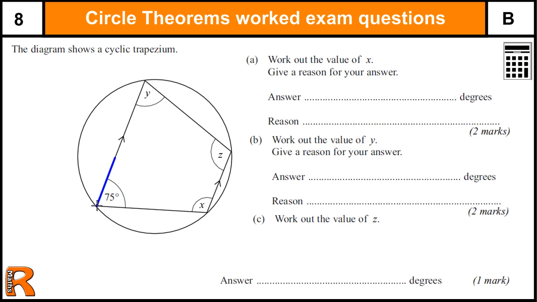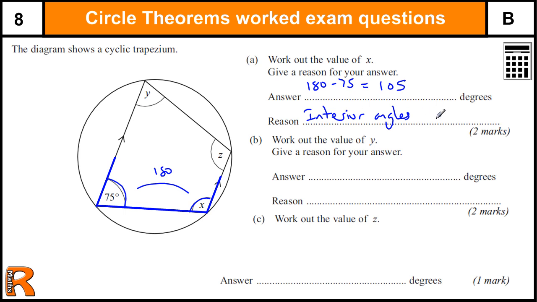Where the angles are on the interior of the parallel lines, a line crossing the parallel lines, they must add up to 180 because they're what we call interior angles. Sometimes they call them supplementary angles, but the angle there is going to be 180 minus 75, which is 105. And the reason being that they are interior angles.